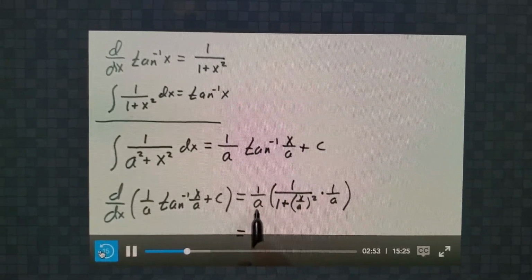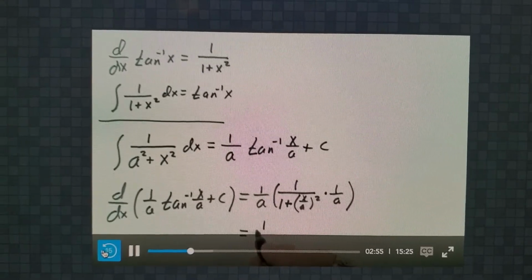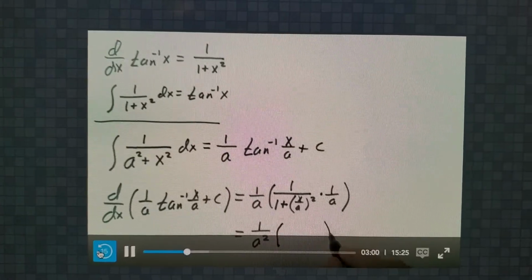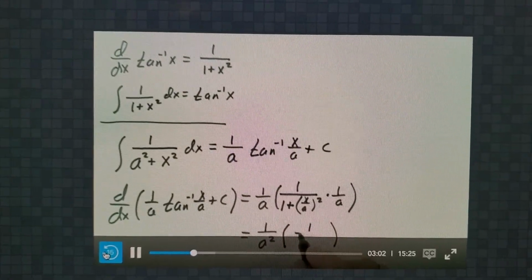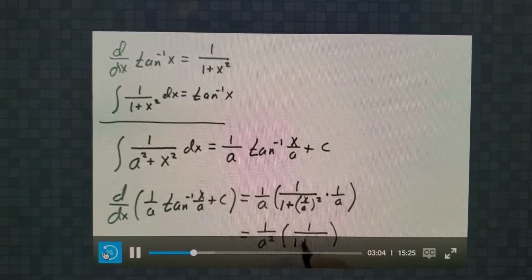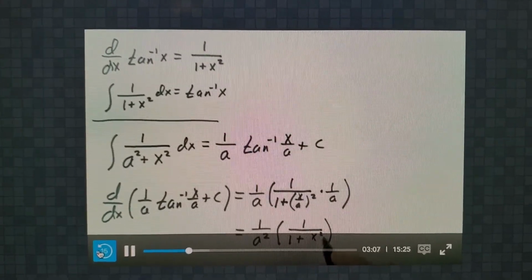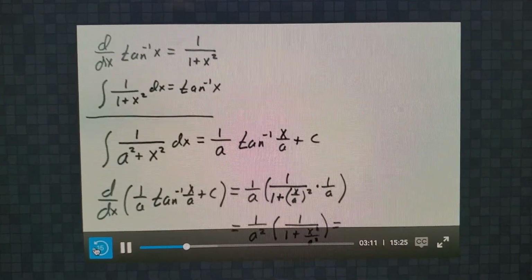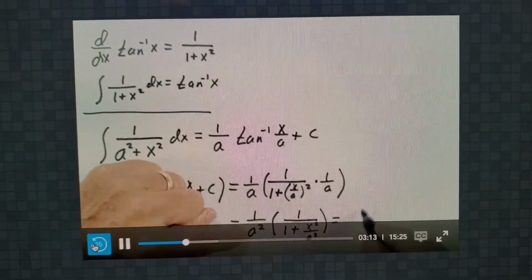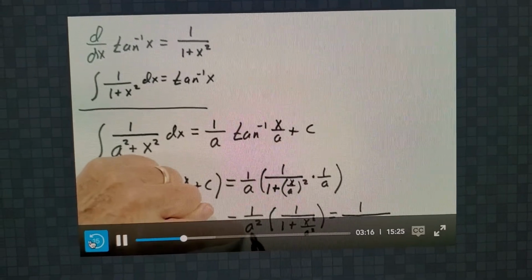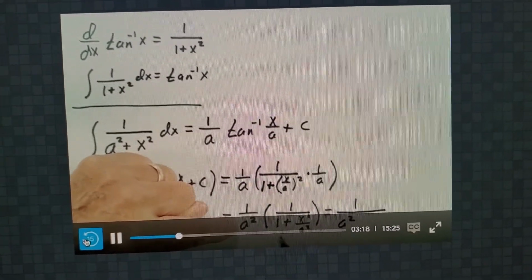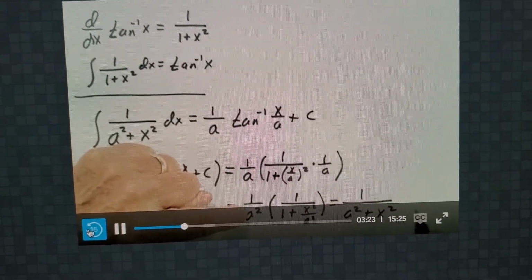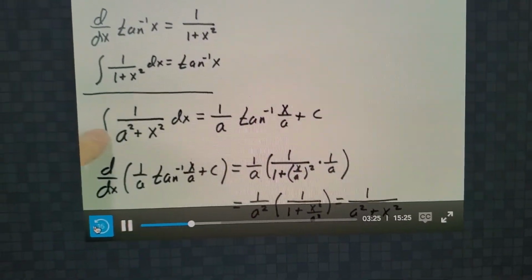So I've got 1 over a times 1 over a, that's 1 over a squared, and in this fraction, I've got 1 plus x squared over a squared. Well, now if I distribute this a squared that's in the denominator, a squared times 1 is a squared, and a squared times this fraction, the a squares cancel, and sure enough, I end up with exactly what I started with.